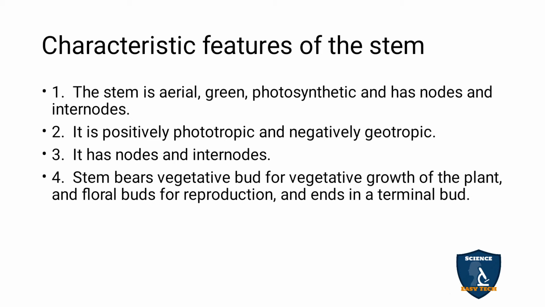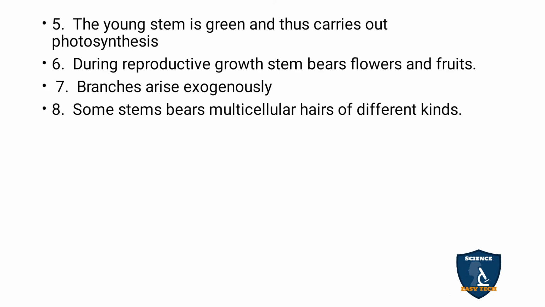The stem bears vegetative buds for vegetative growth of the plant and floral buds for reproduction, and ends in a terminal bud. The vegetative buds are helpful in the vegetative growth of the plant, that is, branches and leaf development, and floral buds are for reproduction. At the tip, it has a bud called the terminal bud.